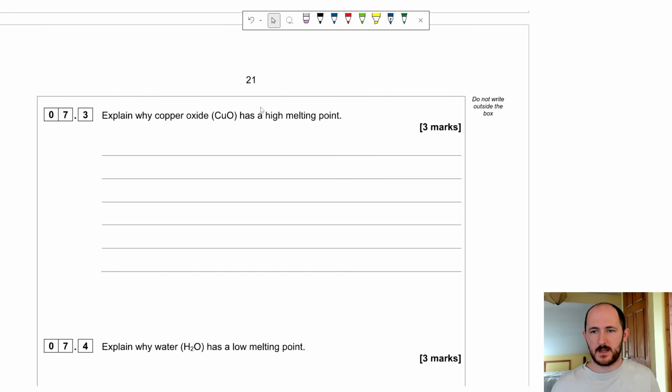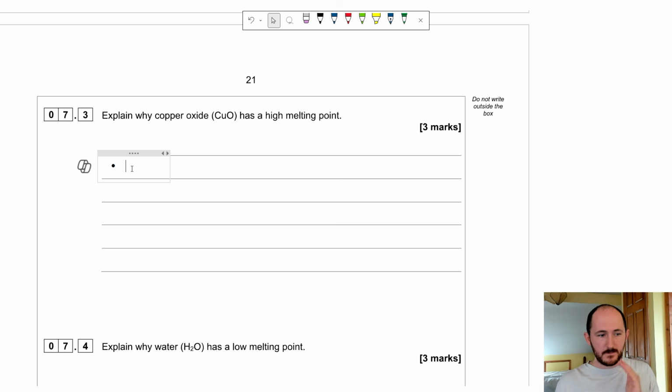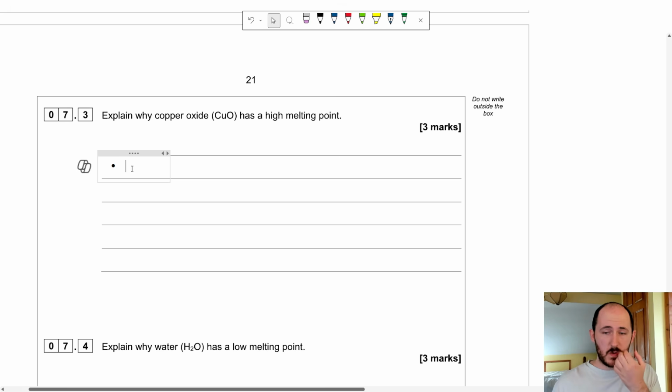Explain why copper oxide has a high melting point. So when things have a high melting point, what does it mean? It means the intermolecular forces, i.e. the forces between the molecules inside copper oxide, are very strong. Now, how do we describe that? Well, copper oxide is, of course, an ionic structure, because it's a copper and an oxygen.